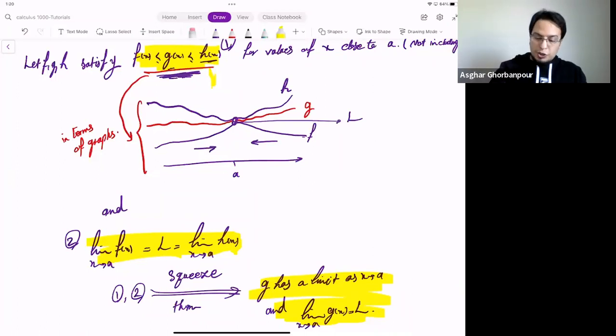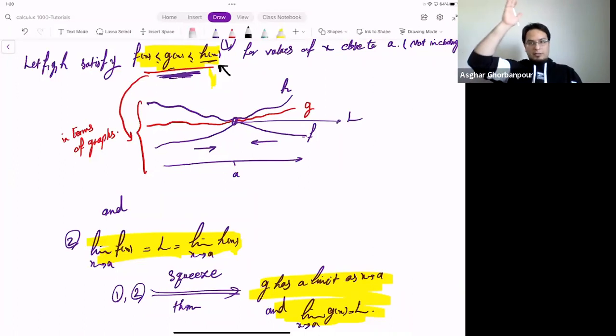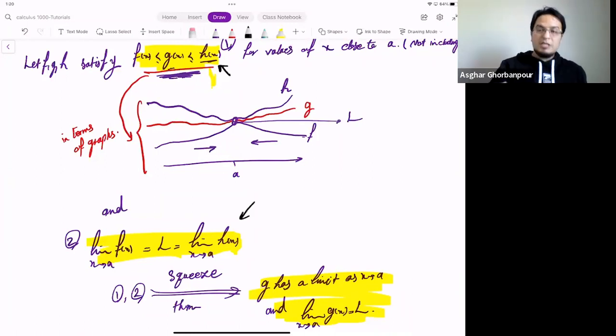First of all, you have to show me, or the grader or the person who's going to look at your solution, that the assumptions of the theorem are there, and then the squeeze theorem starts working, and then you can get it.